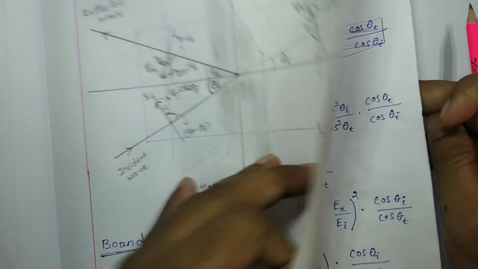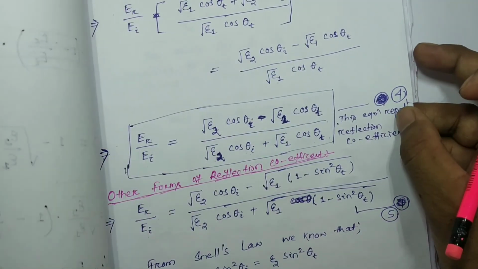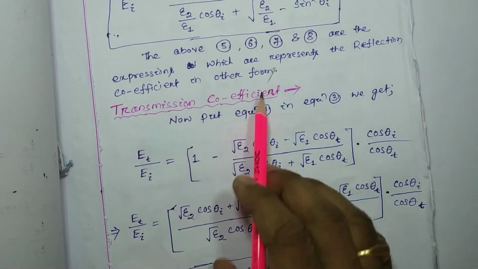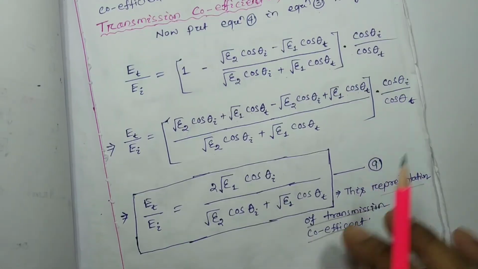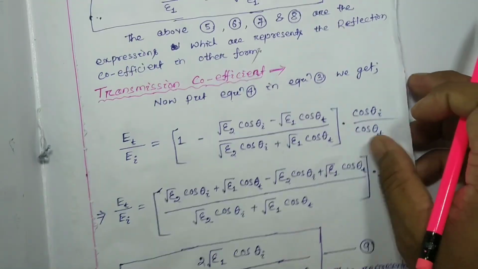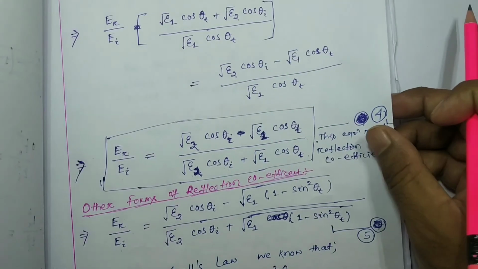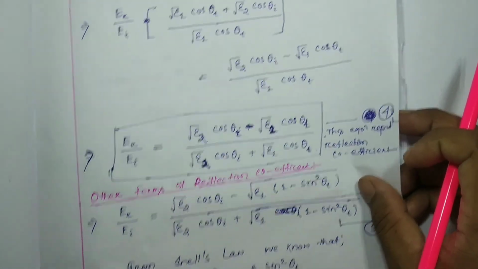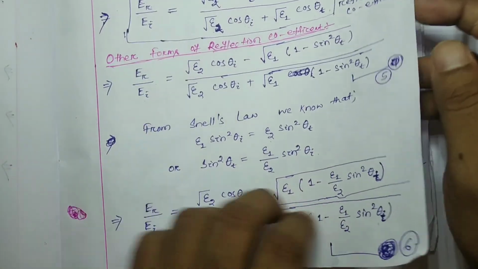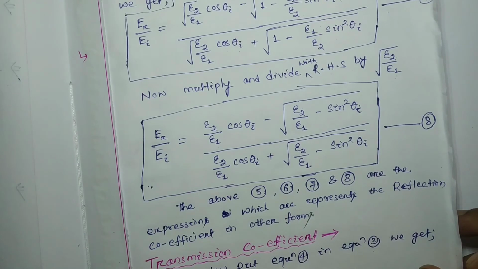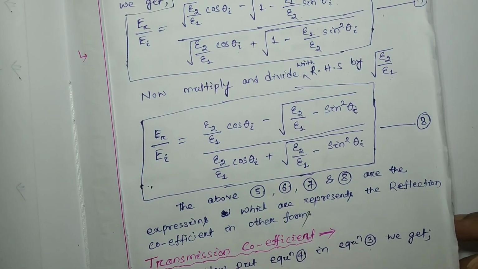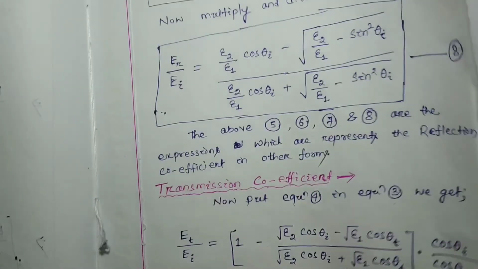For a 6 to 8 mark question, up to equation 4, then directly for the transmission coefficient we use 4 in 3, and this is enough. However, you have to write these other forms of the reflection coefficient in your note. It will be useful for the numericals whenever you face them in the exam.